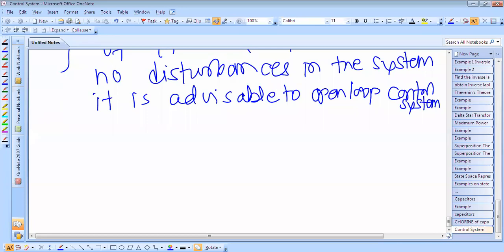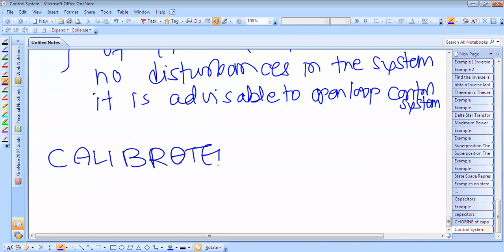The major disadvantage of the open loop control system is that disturbances and changes in calibration cause error, because once the equipment is calibrated, whatever output the open loop system is giving, we have to accept.